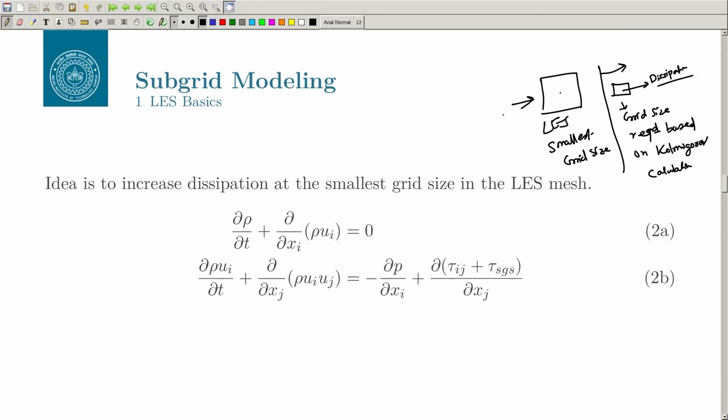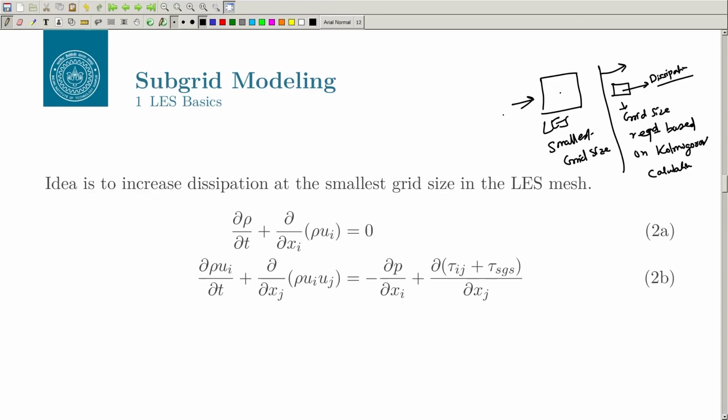The main difference between the RANS and LES is that in the RANS we want the dissipation or the production of the kinetic energy to be modeled everywhere regardless of the grid size. The grid size may be very small near the wall and very big away from the wall, but everywhere we are going to model. In LES we are not going to do that.